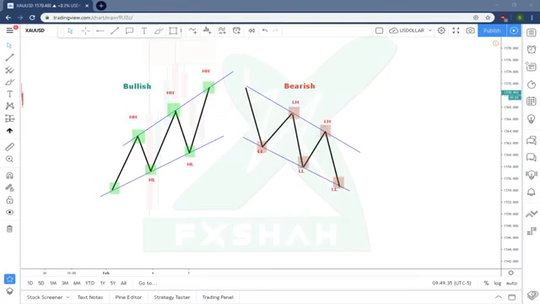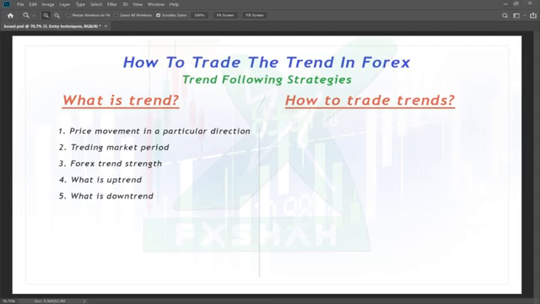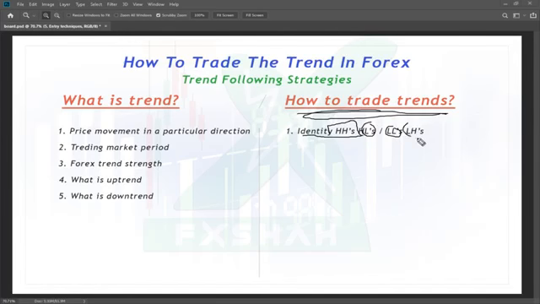Now how are we going to trade it, right? In this part we will talk about how we can trade it. So let's start. The first point is to identify higher highs and higher lows, or lower lows and lower highs.